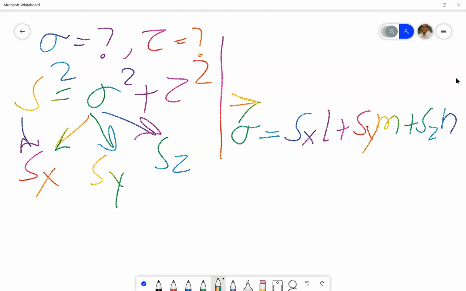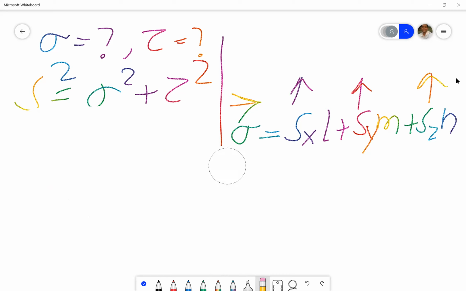As we have found the values of Sx, Sy and Sz, if we put them in this equation, we will find a complete equation.